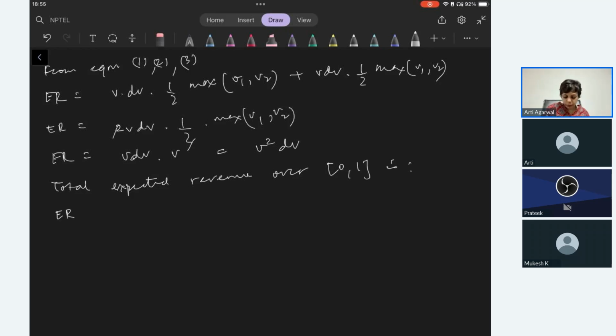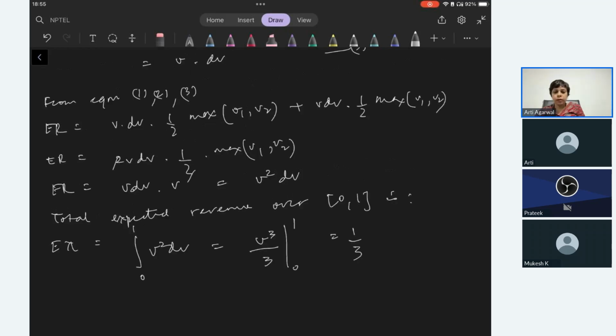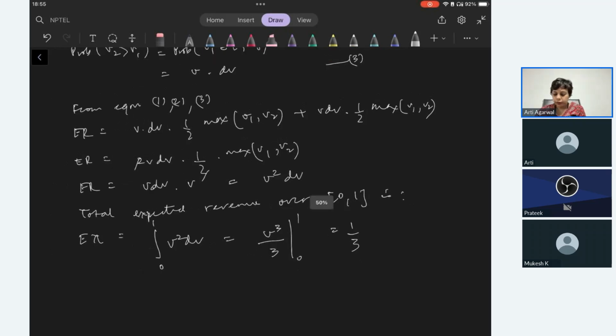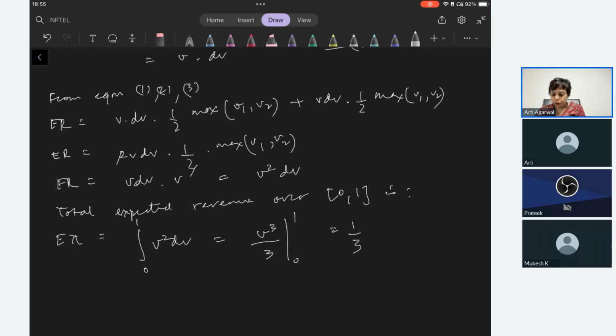It looks a bit weird, but let's use some other expression, otherwise it looks confusing. So you get V cube by 3, 0 to 1, it comes out to be 1 by 3. So this is the simplified thing of what the expected revenue to the auctioneer is going to be.